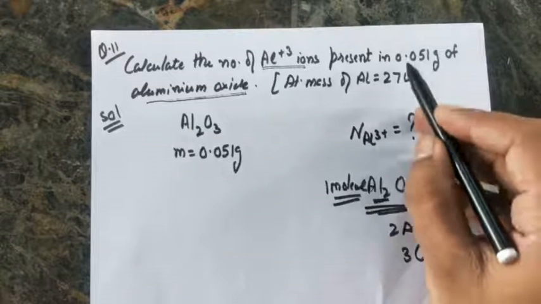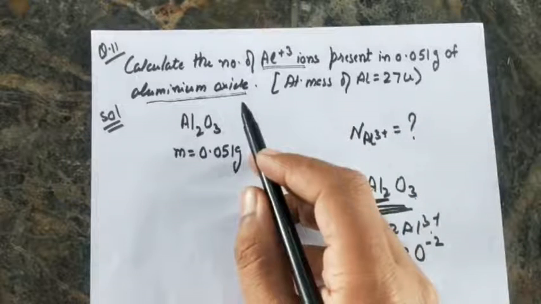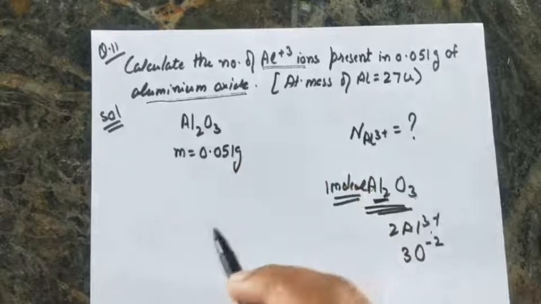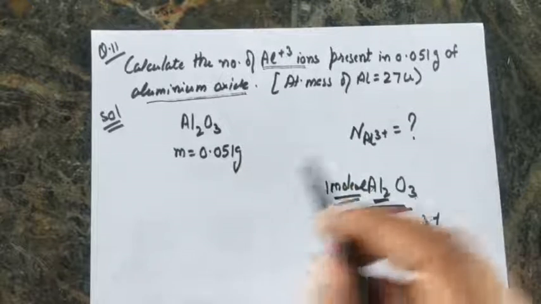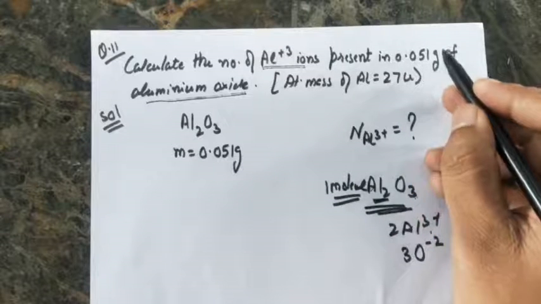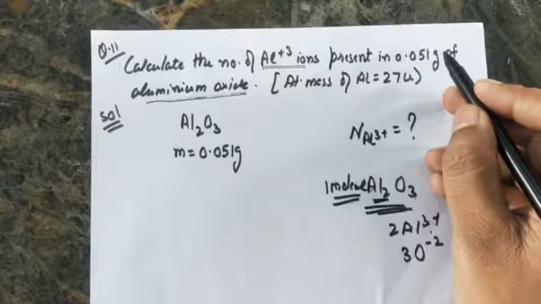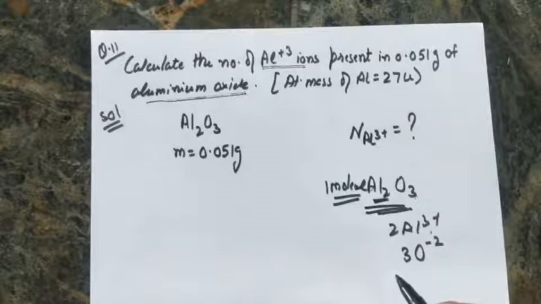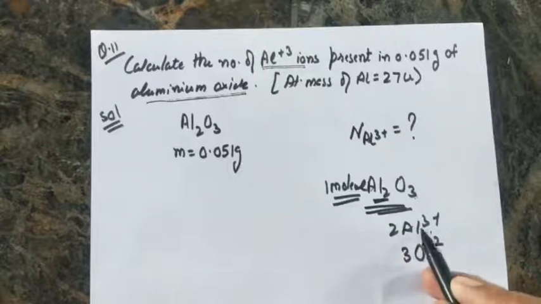But we are provided 0.051 gram of aluminium oxide. This much aluminium oxide. So students, if we are able to calculate the number of total molecules which will be equal to 0.051 gram, that means we will be able to calculate the number of aluminium ions also, because for one molecule it is equal to 2 ions.